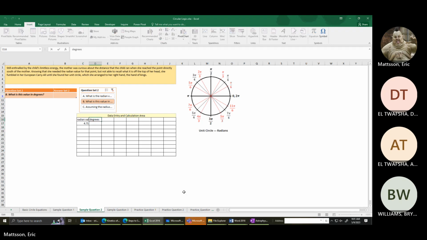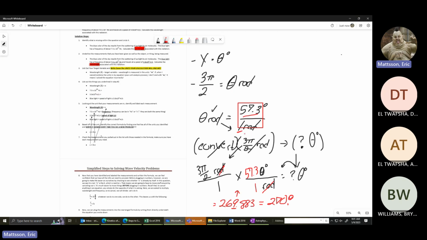Again, we look to the equation here, and in order to get this, we would take these values times 57.3.